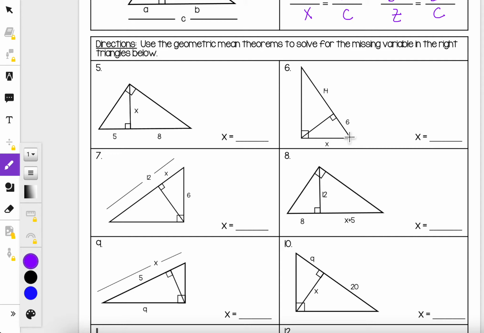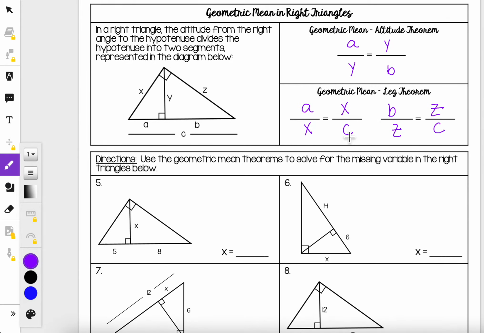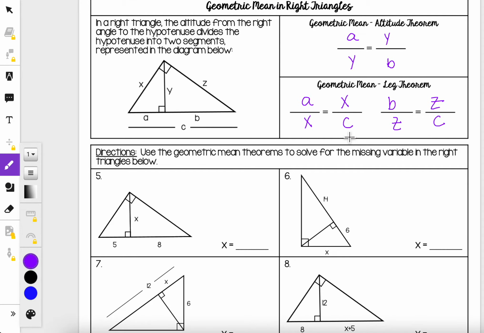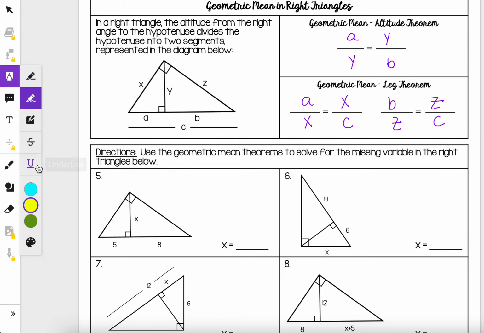So if I look at number 5, for all of these, I think one of the trickier things to do is to determine which of these proportions you're going to have to use. So before we get into this, let's talk about how we're going to decide that. If you are either given the altitude or you need to find the altitude, you're going to use this first proportion.